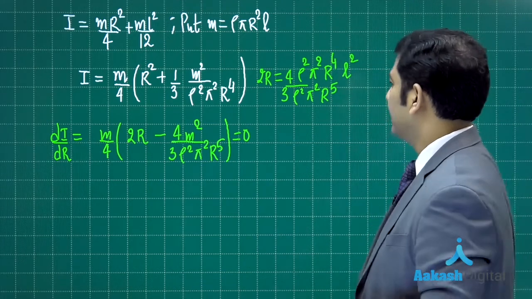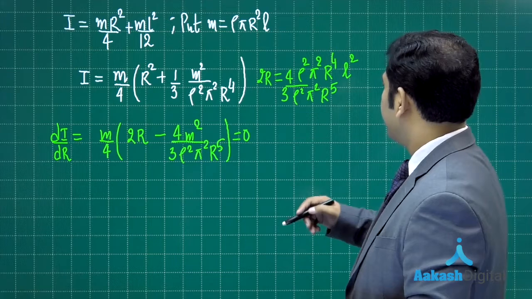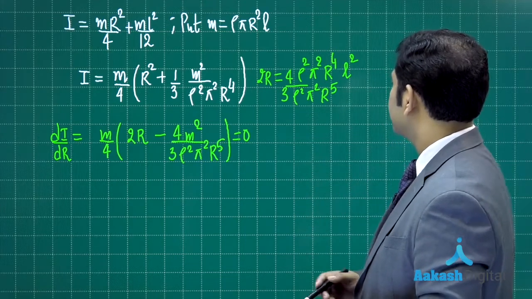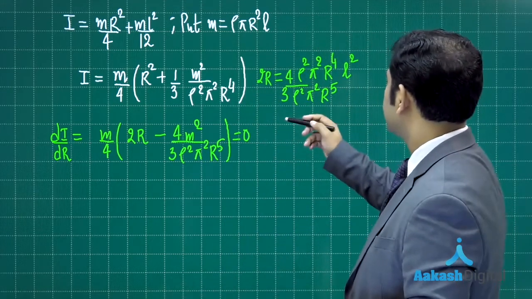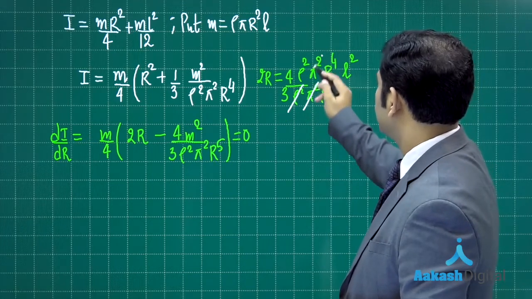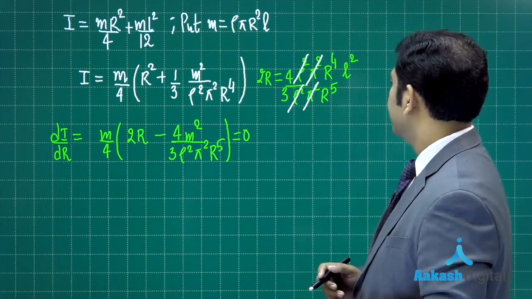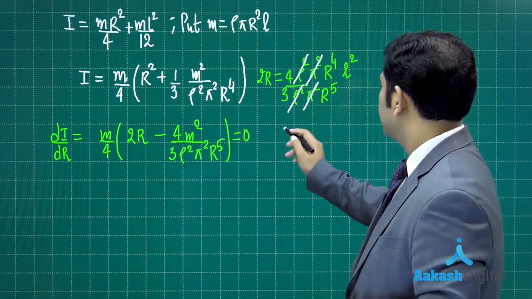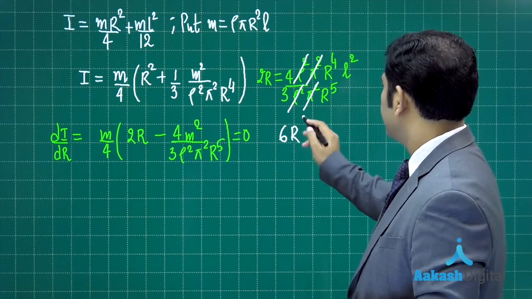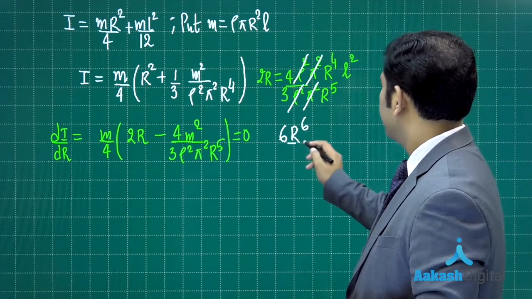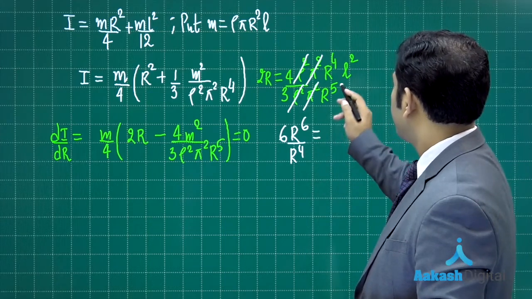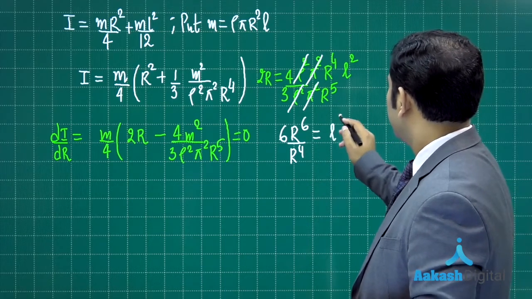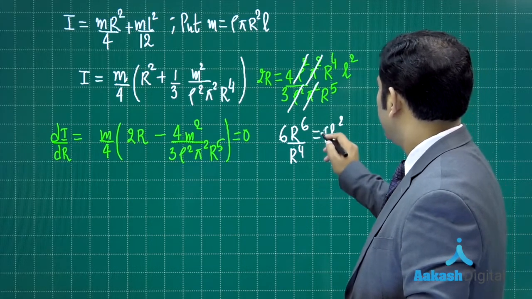Now there is mutual cancellation: rho square pi square gets cancelled, and this will be 6 r raised to the power 6 by r raised to the power 4 equal to L square, and 4 is of course here.